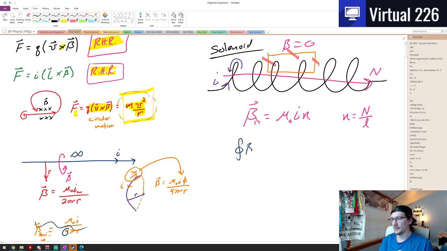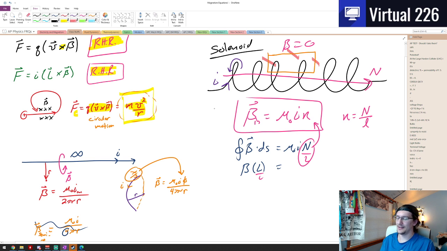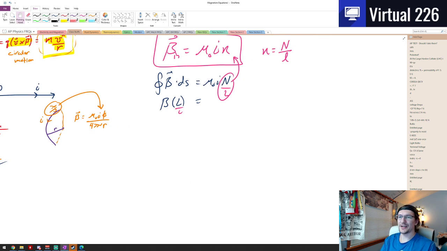What you quickly get from B dot ds equals mu naught I is B times L, and there's an N here because we went through many of these loops, many, many times. Excuse me. So then when you simply divide by L, you get little n back. So that's the B field inside of a solenoid. Outside it's 0.